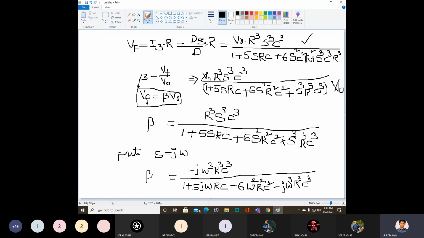So in the feedback network, we need to divide by minus j omega cube r cube c cube, and then alpha is equal to 1 by omega rc.